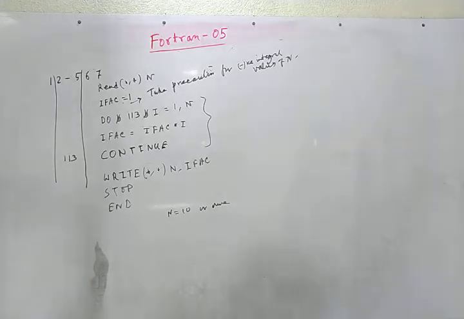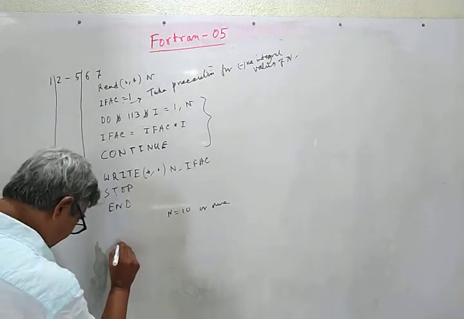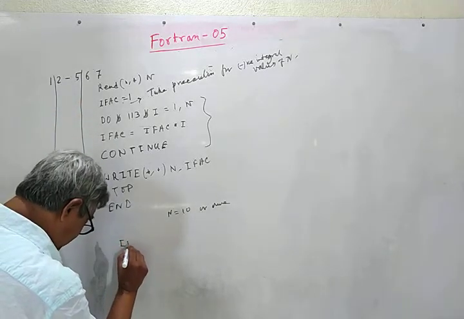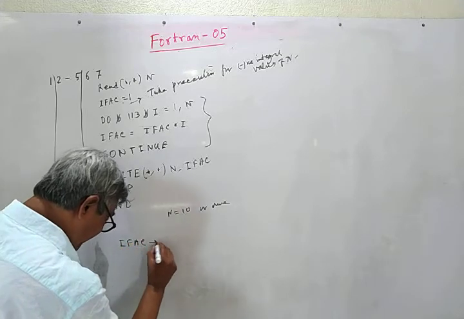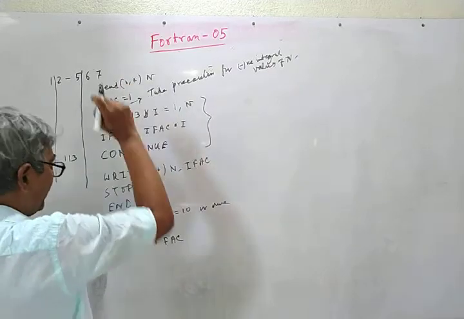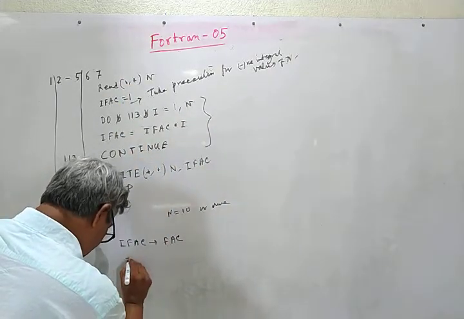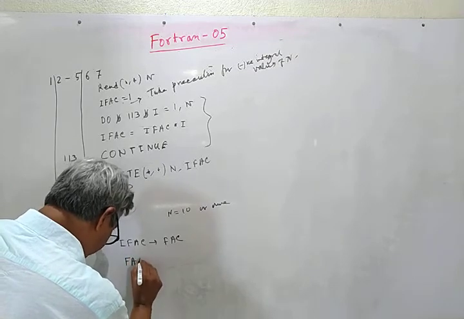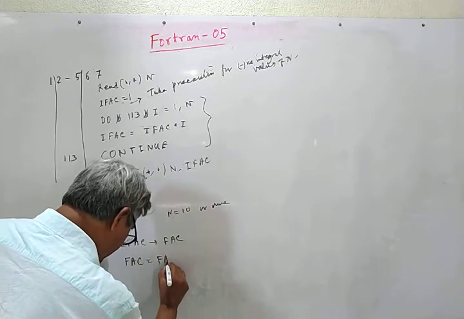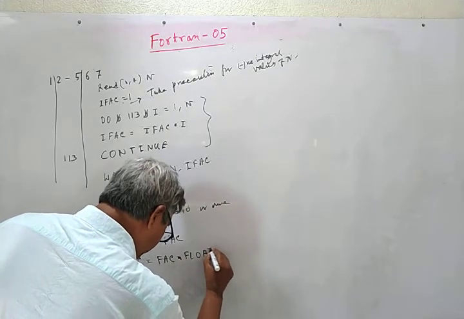In that case, this must not be an integer, so I may replace I fac by fac. In that case, it will be 1.0, and this line will be fac is equal to fac star float I.